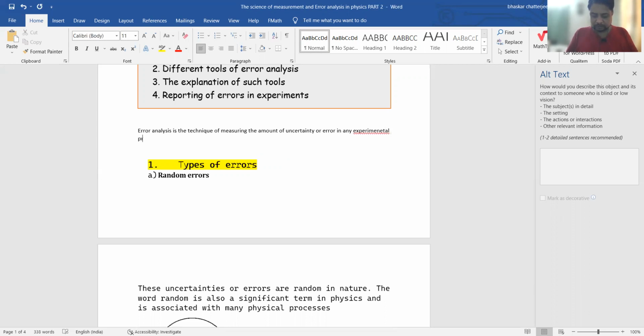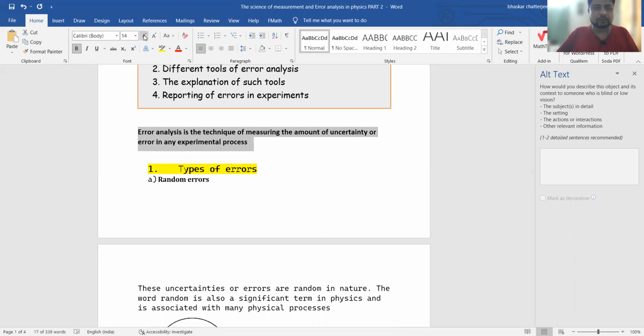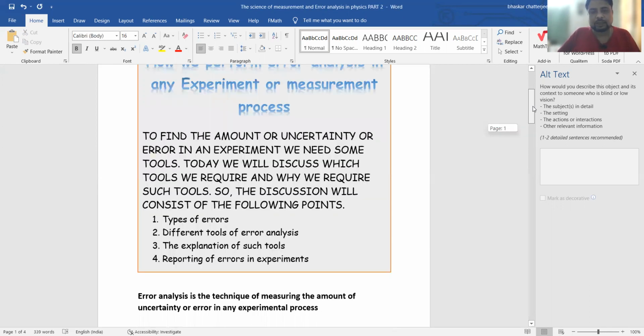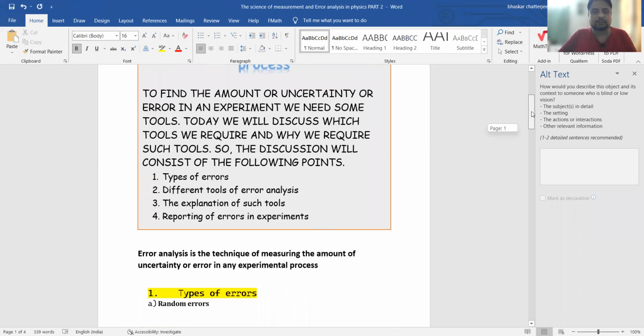In any experimental process, we have to ascertain the magnitude or value of this error, meaning how much our results are deviating from the actual results that are expected. So here we will learn some tools and techniques to find the amount of uncertainty in an experiment, and this is error analysis.